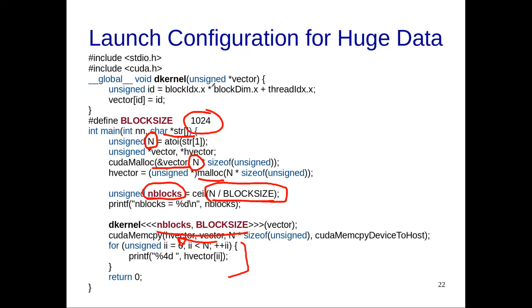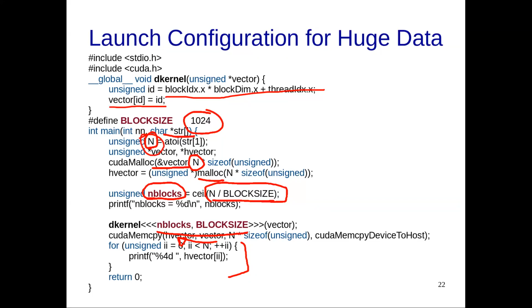Inside the kernel, I'm going to have this formula, which is going to give me a unique ID per thread. This is going to give me a unique ID per thread from 0 to n minus 1. Whatever be the value of n, 0 to n minus 1 is what I'll get. And vector of that I am going to use, and I can do this data parallel processing using this. Okay.